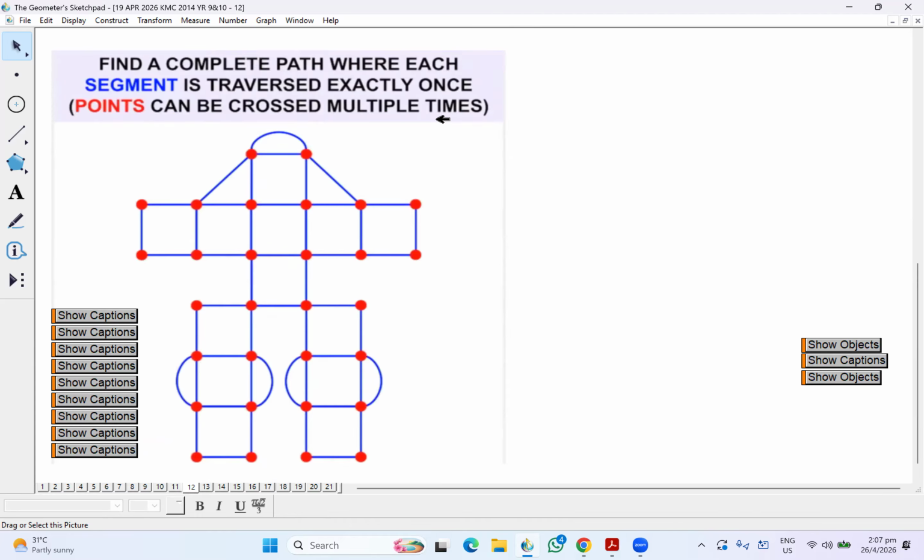So where to start so that you will go through every segment only once? There are so many points, how to know where to start? So what is the reasoning?